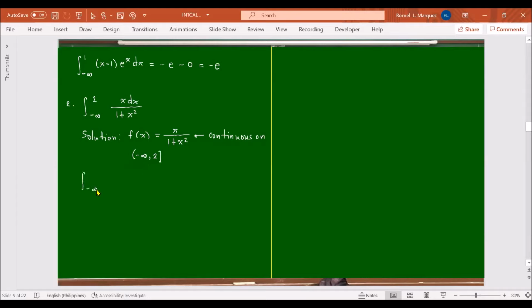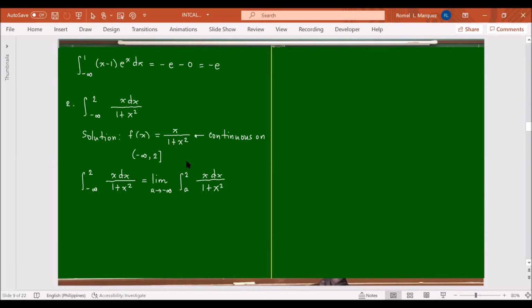The integral from negative infinity to 2 of x dx over 1 plus x squared is equal to the limit as a approaches negative infinity of the integral from a to 2 of x dx over 1 plus x squared.